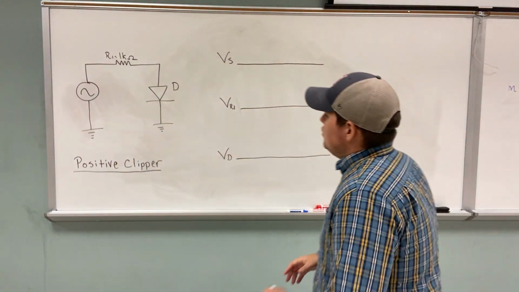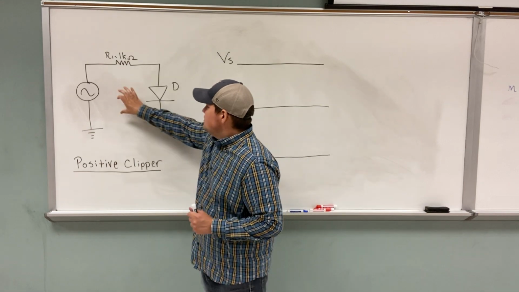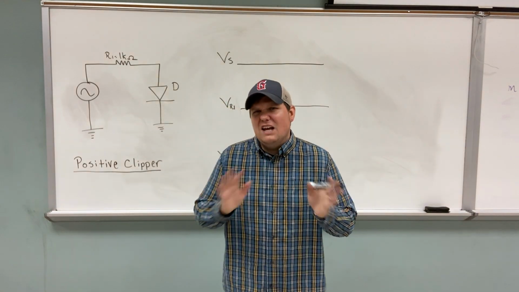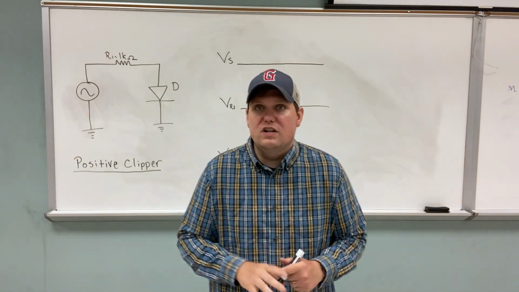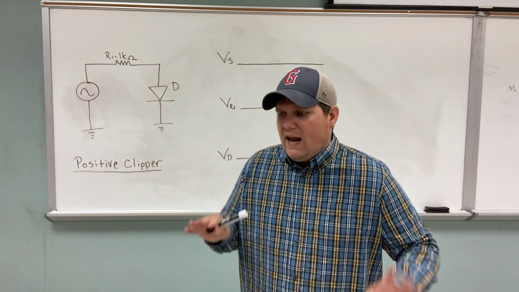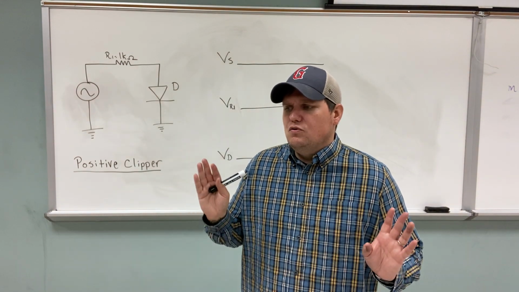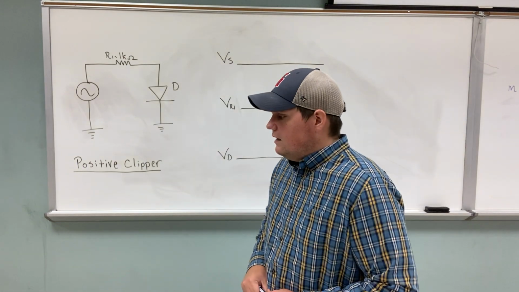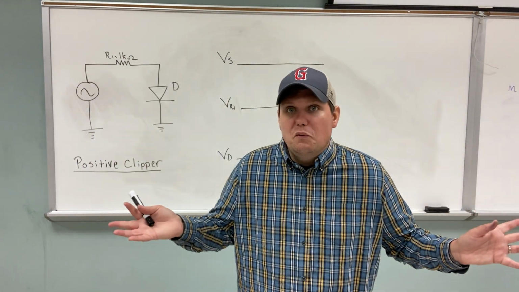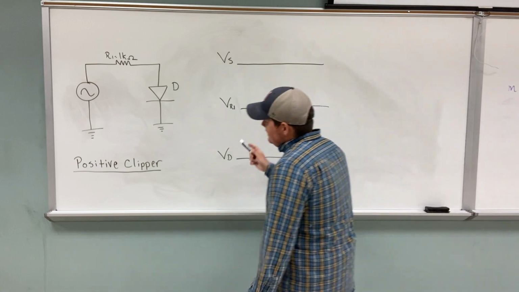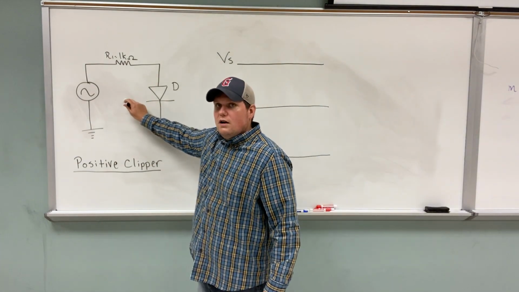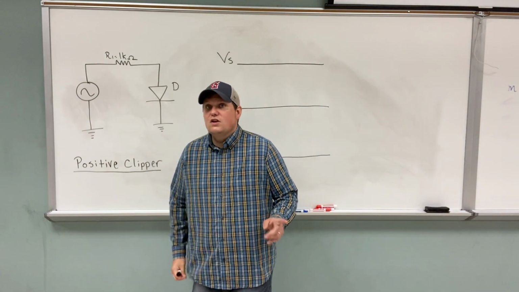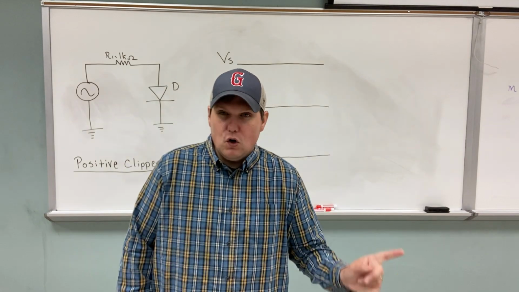Okay? With that being said, I'm going to ask you just one question. I want you to pause when I ask the question, think about it for just a second, answer it, and see if you answered it right. So, is this circuit here forward bias or reverse bias?